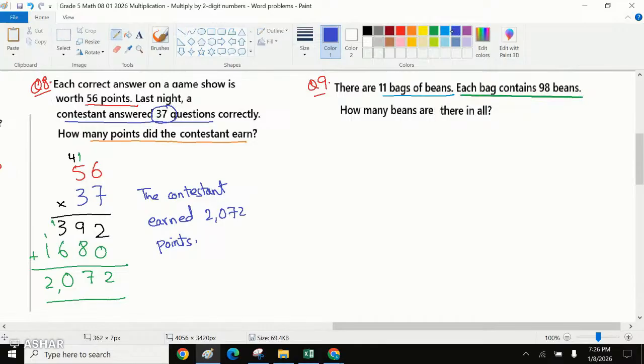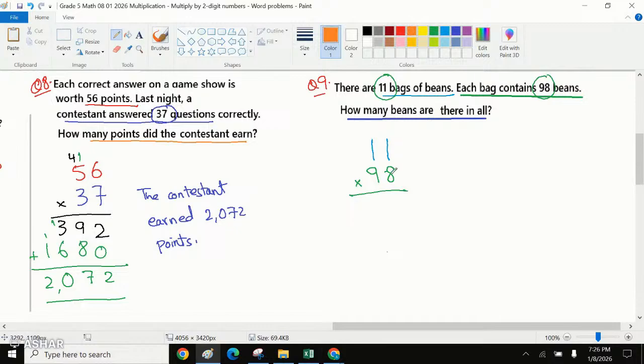We need to find how many beans are there altogether, the total number of beans. So there were 11 bags and each bag had 98 beans in it. Agreed? 11 bags and 98 beans.